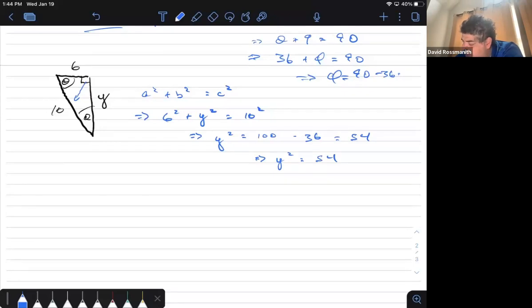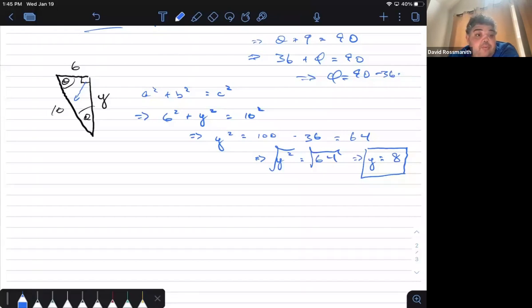You see, my brain is off because of how I'm feeling. I apologize. 64. I don't want y squared. I want y. How do I get rid of the square? Square root both sides. So y must be 8. So I now know how big y is. y is 8. Good.